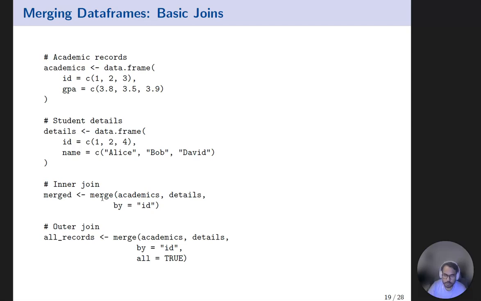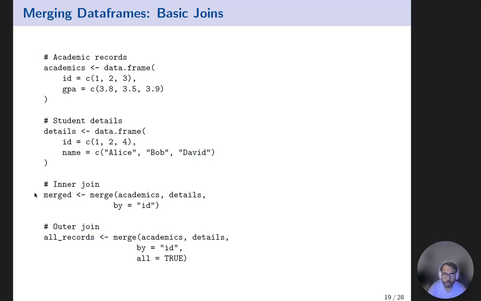So let me take a step back. There are two types of ways where we can merge data. One is the inner join. Inner join means it will only merge those where there is a match of information. So if I have information on the first three people, and in the second data set, I have information on persons 2, 3, and 4, then if I do an inner join, I will only create a data set with the second and the third person because those are the overlapping sets of information.